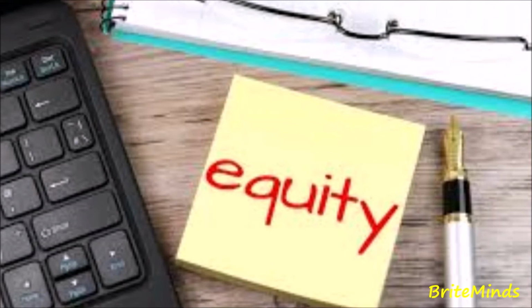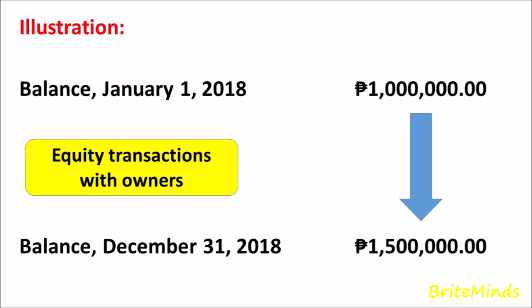So we can see here the beginning balance of January 1, 2018 amounted to 1 million pesos, and the ending balance of December 31, 2018 amounted to 1,500,000 pesos. And in the middle between January 1 and December 31, we can see the equity transactions with the owner.